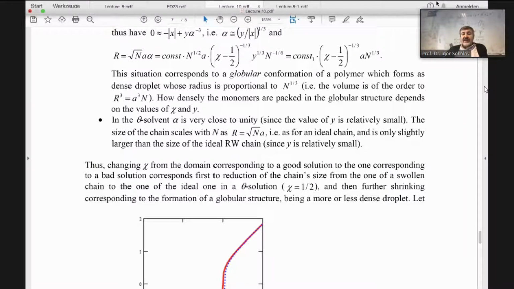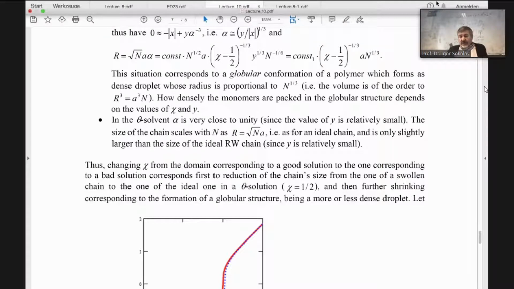Therefore, essentially, if you want to make experiments with ideal chains, you simply make these experiments close to the theta point. You even don't have, if you want to have that in the dilute solution, not in the melt. In the melt, the chains are also ideal. But in a dilute solution, you come with your temperature to a theta point and you have your ideal chains there. You can test the theories for ideal chains, which are simpler.